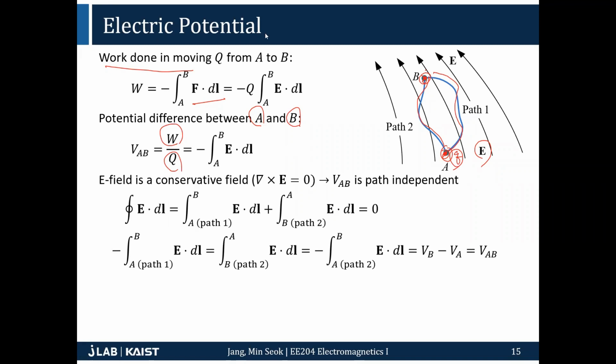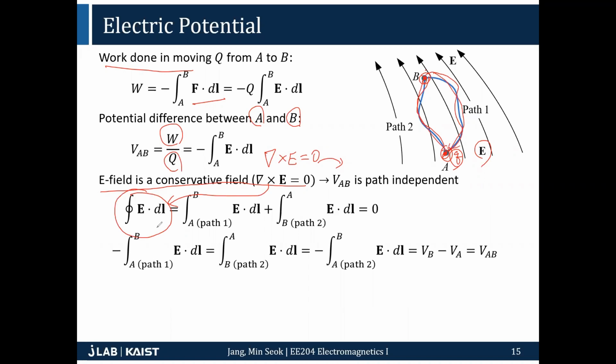As we learned earlier in the mathematics part, the electrostatic field is conservative, right? Curl of E is 0. So V_AB, this path integral, is path independent. And we learned why: because curl of E is 0, by Stokes' theorem, the path integral for the closed loop is always 0.